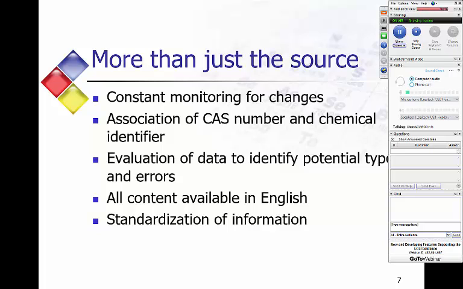When a source is published and perhaps information is out of place, we are able to go back to those source materials and confirm what was intended, document that, and make that information available in the database. So, for example, if a source is published with, say, a decimal point in the wrong place or a misspelling in a chemical name, we're able to identify that and make sure that the proper information is available in the database.